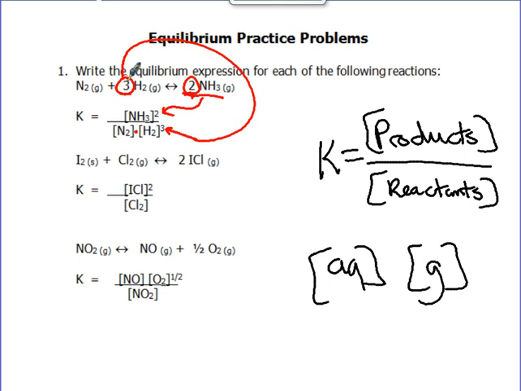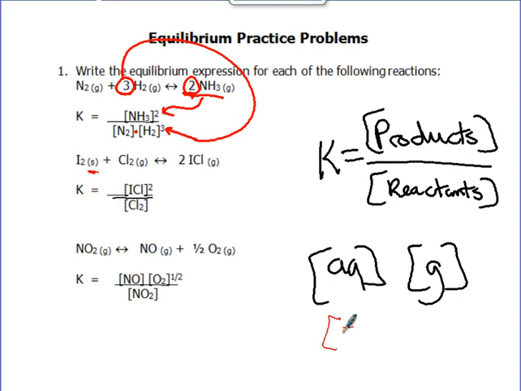And the next one, the line kind of disappeared there. There we go. So we have iodine, chlorine, and iodine monochloride. Important fact here: iodine is solid. Solids do not get included here.